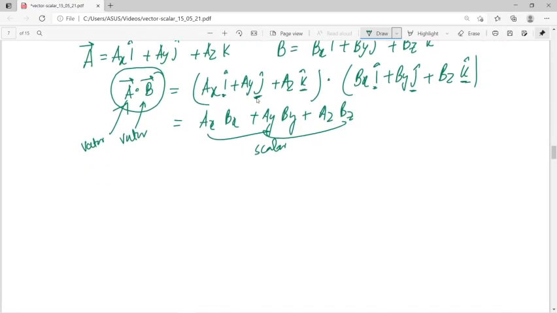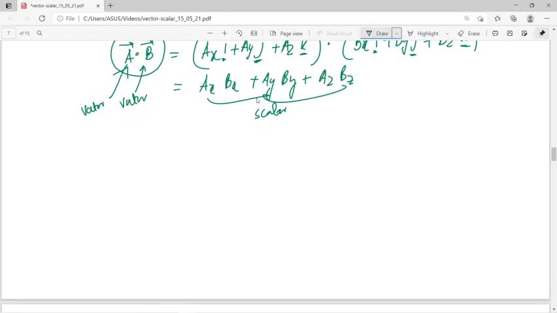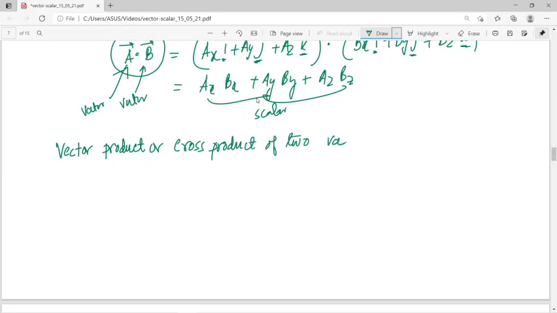Now there is another term in vectors that will be helpful when we are dealing with electrostatics. There is torque, or in your mechanics part you will also see the quantity torque, and that can be represented by a vector product. There is the scalar product, and another product called the vector product, or cross product, that is the cross product of two vectors.